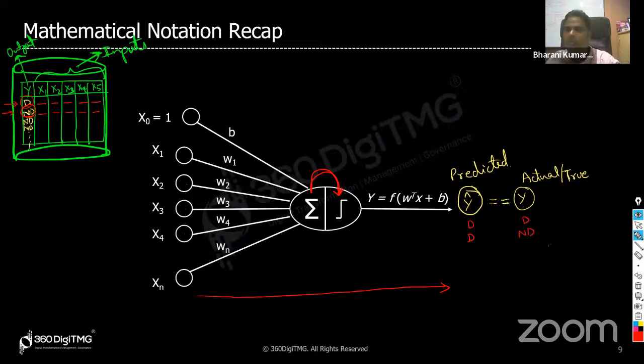an incorrect prediction. The moment you have an incorrect prediction, there will be something called a loss function, basically. You'll have some loss. In that way, when you pass each and every observation through your neural network, you'll get the loss function for all of these observations.